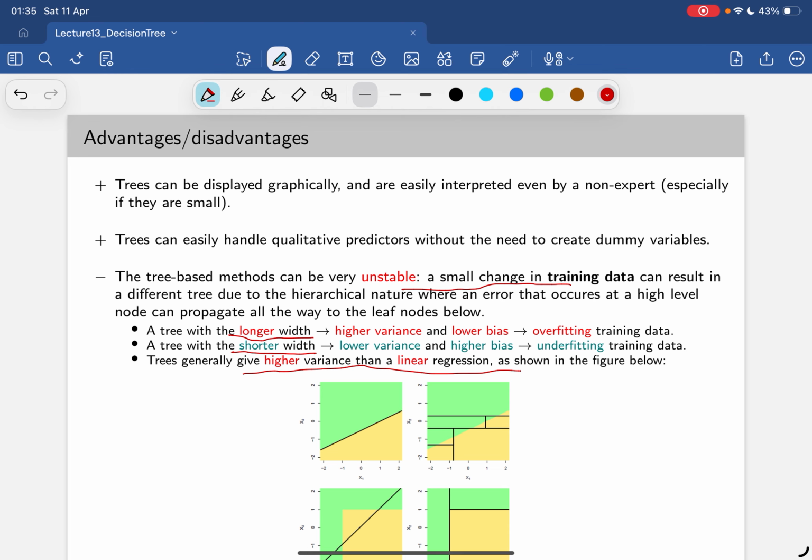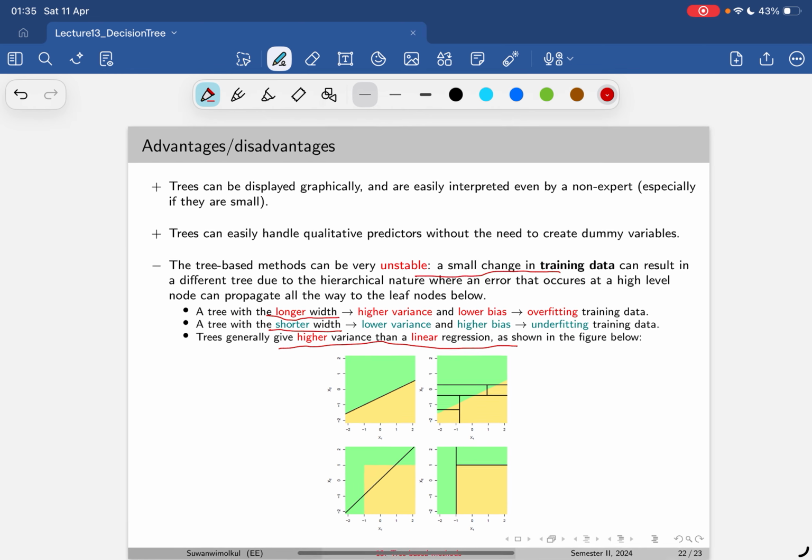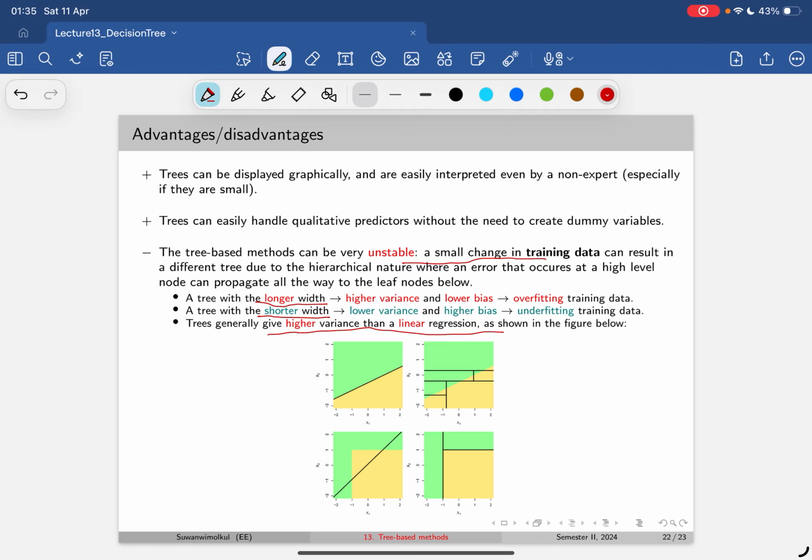Okay, all right. And yeah, the good thing about trees is that they are easy to display graphically. But if the tree width is long, that means your decision becomes more and more complicated, and that is when the decision tree will no longer be easily understood visually like it used to be.